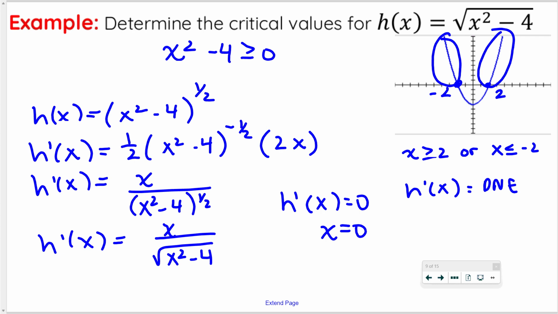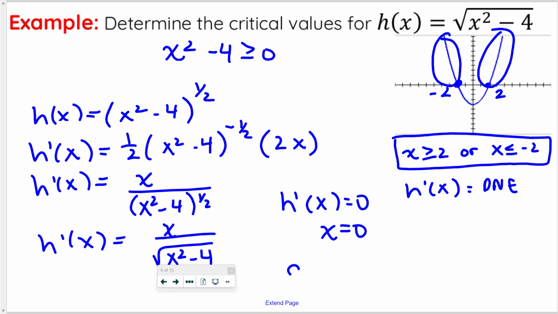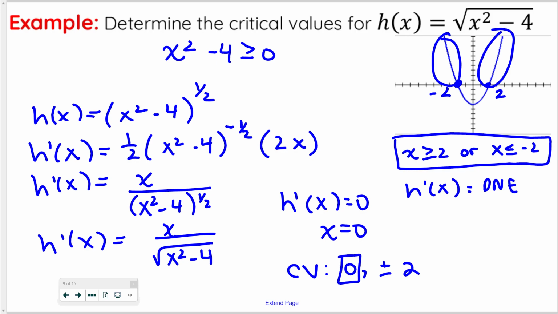Well, it does not exist when x is greater than or equal to 2 or less than or equal to -2. So we have some potential critical values at 0 and at positive and negative 2. But remember, I said that overarching domain restriction applies to the whole question. x can never be 0 because that's not in the domain, so we don't even have to consider that. So our critical values for this are x values of positive or negative 2.